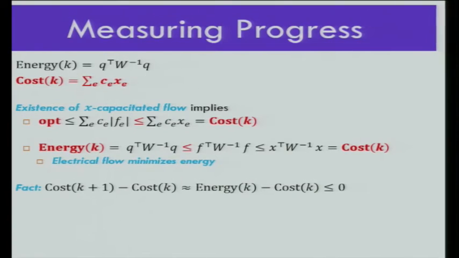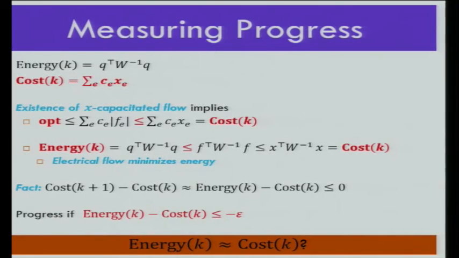If this number is negative, this is negative. This approximation is written to hide some terms, but that is true. If energy is less than the cost, then the cost decreases. So we would be very happy if this number was going down at an iteration. This would be a happy iteration for us.